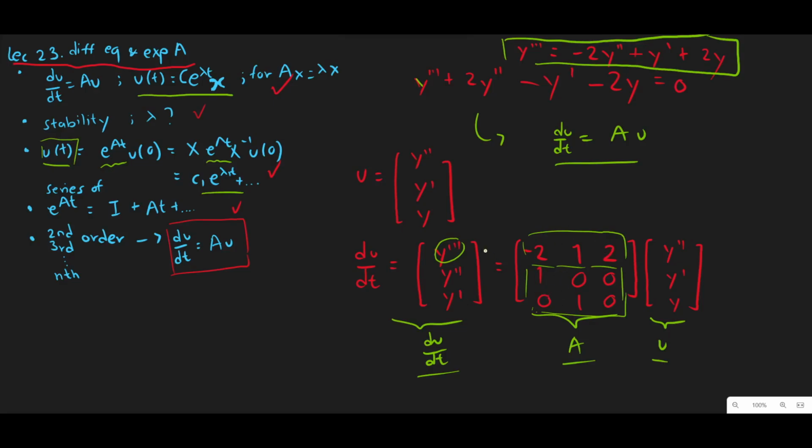Actually, it also matters how you define the u in the beginning. So if you define the u in the reverse order, so you define it like this, then the A will be different, right?